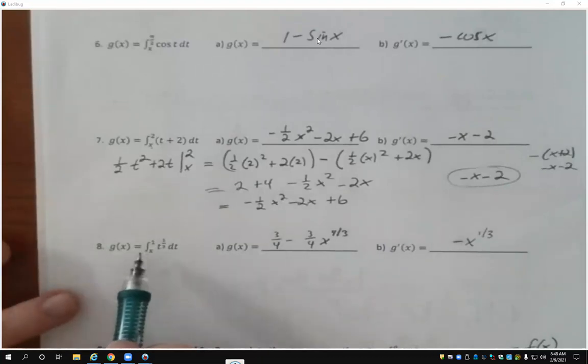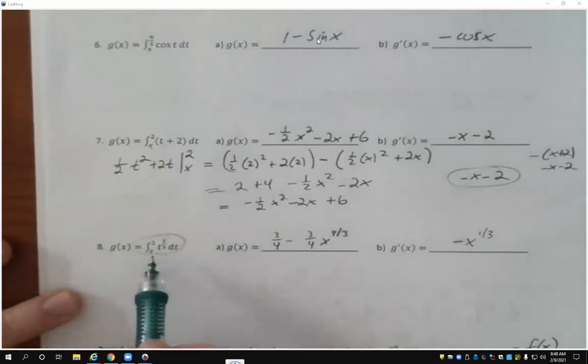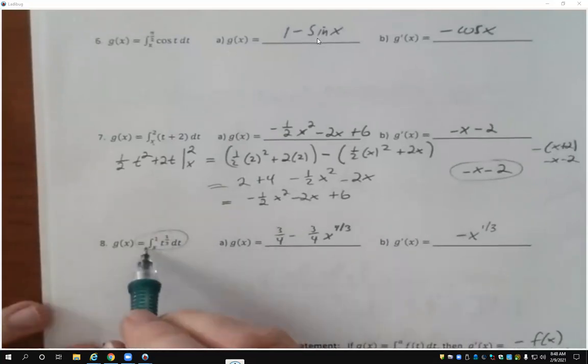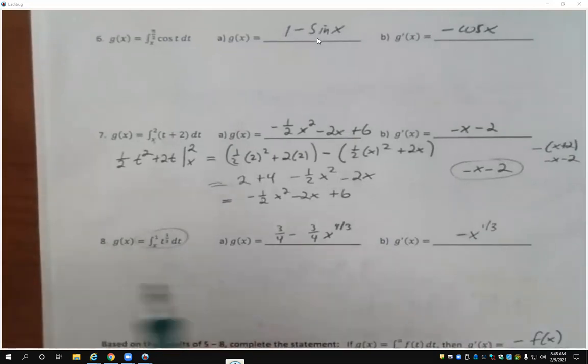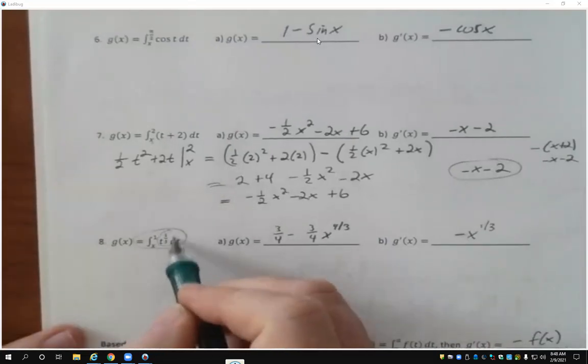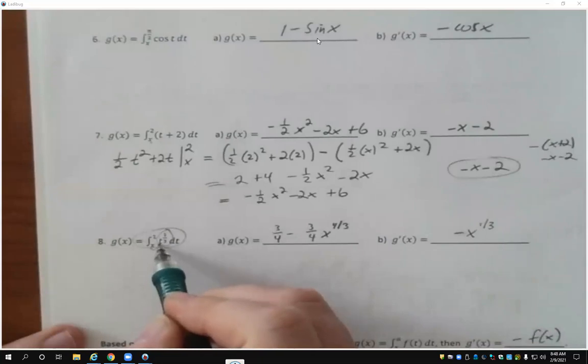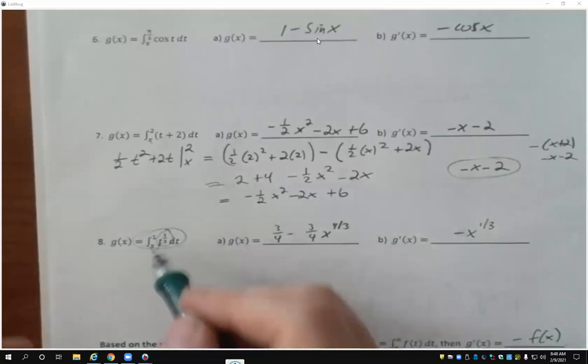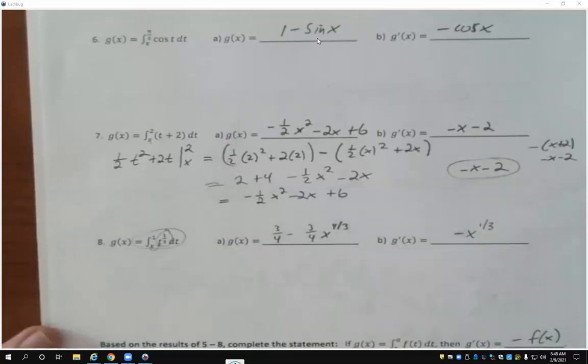Well, when you're taking the derivative, this is g of x, right? So if I'm taking the derivative of this function, that means take the derivative of the antiderivative. And the derivative of an antiderivative is just this, except we're plugging the x in now instead of just saying t to the 1/3. And then since x is on the bottom, in this case, negated.